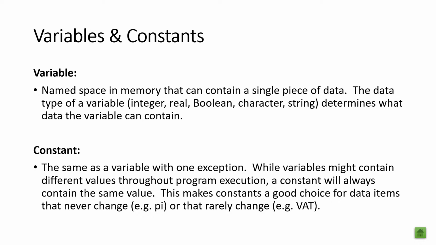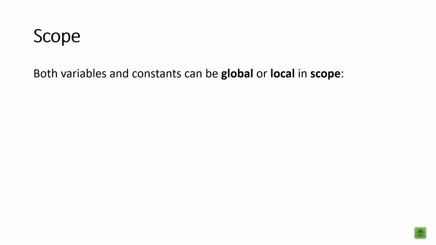A constant doesn't change throughout the life of the program. Now, the good thing about constants is that if you change the constant's value in one place, it will change everywhere in your program. And normally it's things that don't change very often, like pi or VAT.